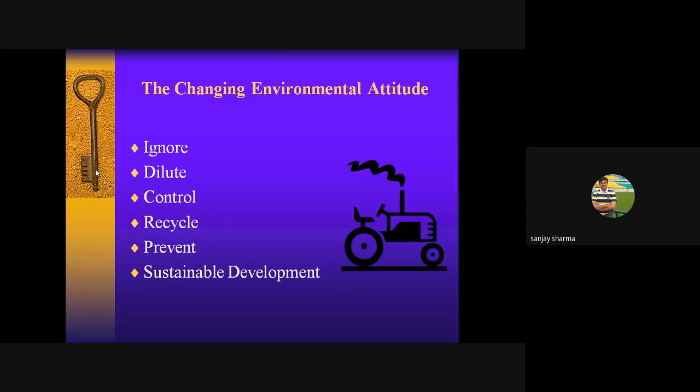Then came control techniques, pollution control methods, and then we started thinking about recycling, whatever could be recycled, and then the prevention technique. So don't allow the pollution to occur at all at the initial stage.